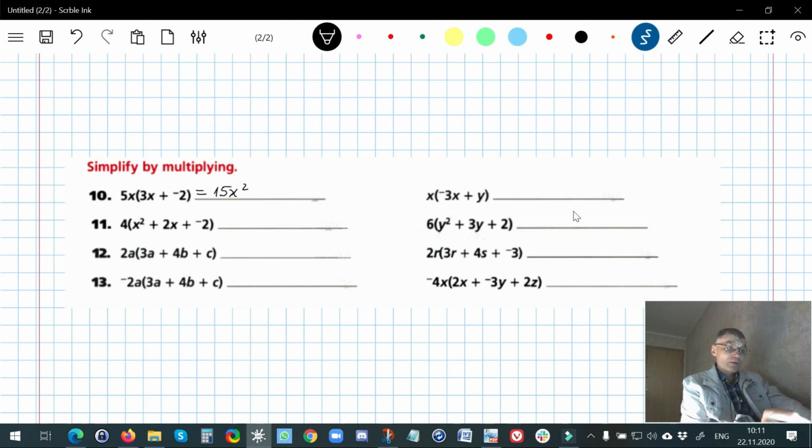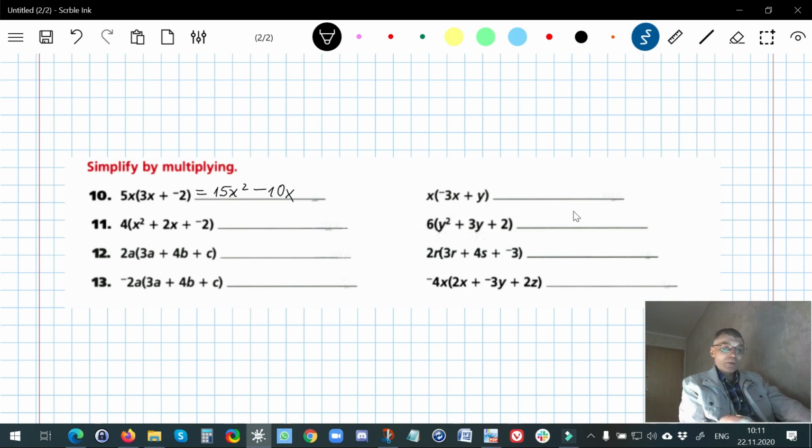Then in the second multiplication we have to take the coefficient again 5, multiply it by negative 2, which gives me negative 10. It will be my coefficient for the second term. And then I take the latter part, and this is x, just x.